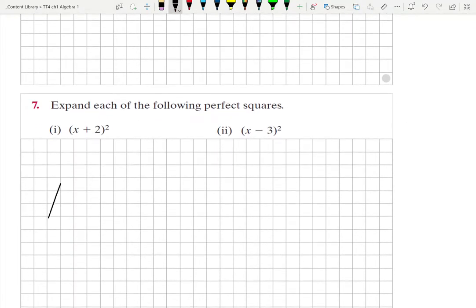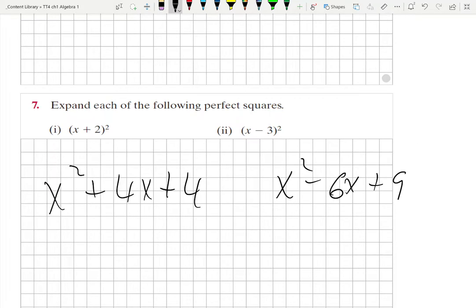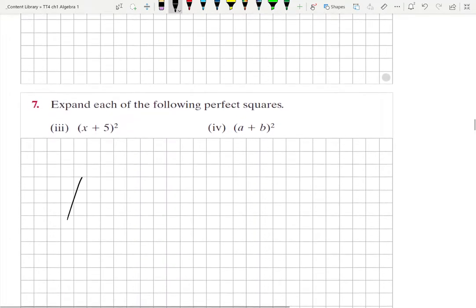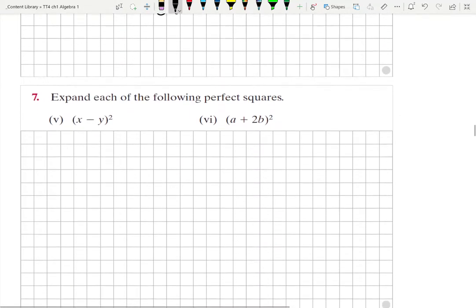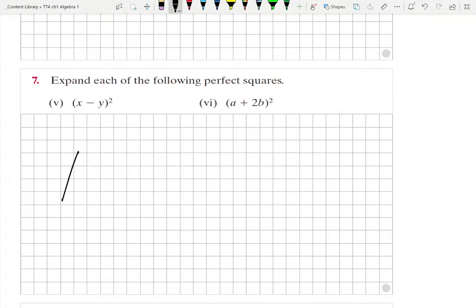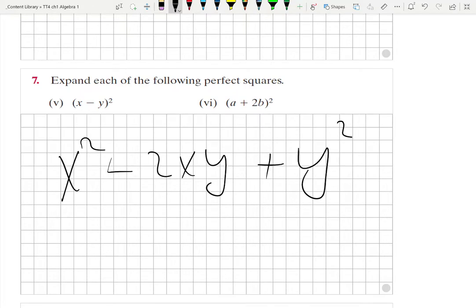Perfect square, always ending in a plus.